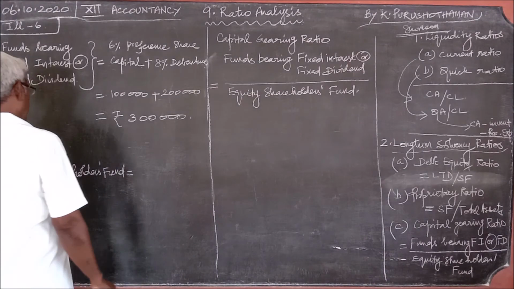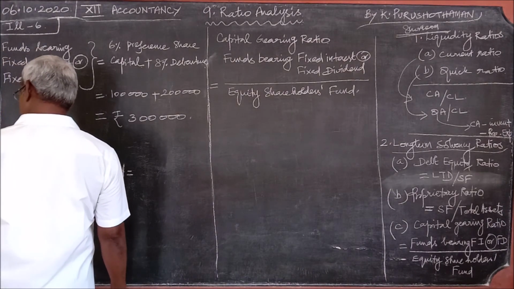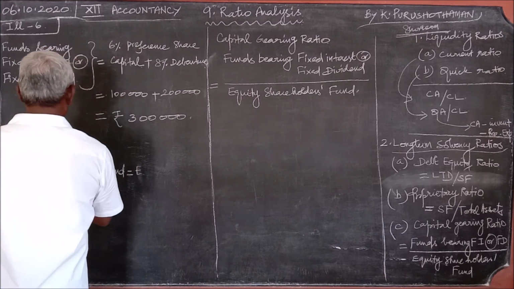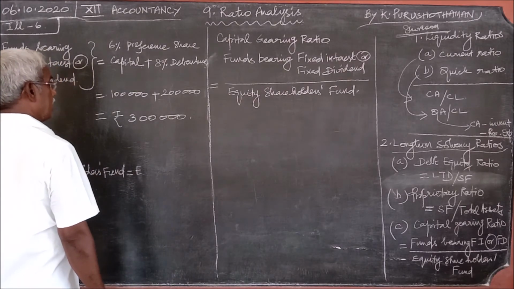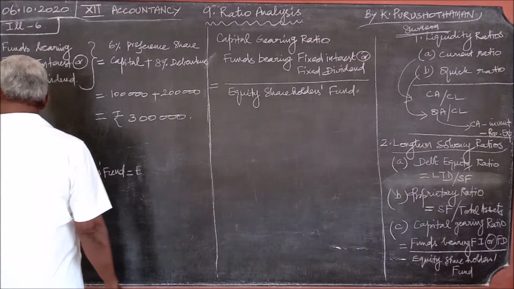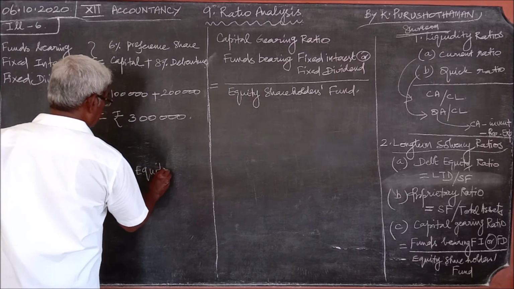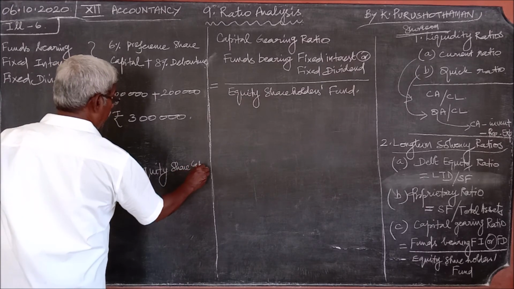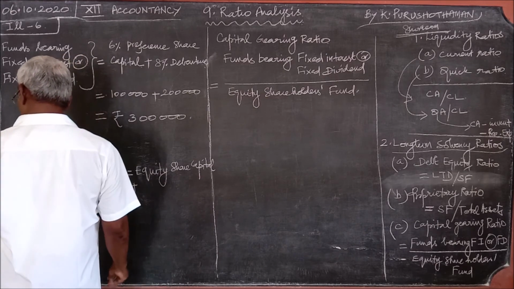Then equity shareholders fund. What is the amount of equity share capital? 2 lakhs. Here for equity shareholders fund, what we must consider, I said, is equity share capital plus reserves and surplus, that we shall write.